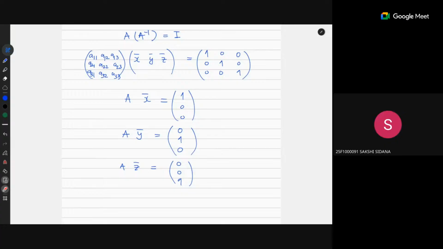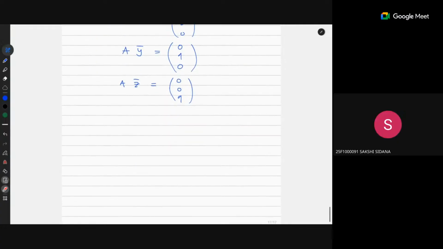That will not give you the first column of I. Okay. So this entry you obtain by multiplying the first row with the first column. How will you obtain the second entry of the first column? Second row with first column. Yes. What about the third entry? Third row with the first. That is what I have written over here. Similarly, you can do the second and the third.